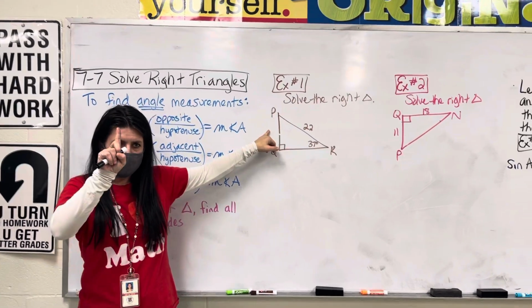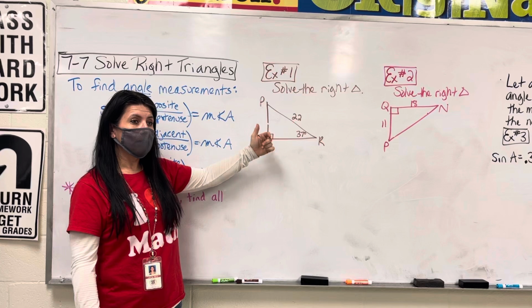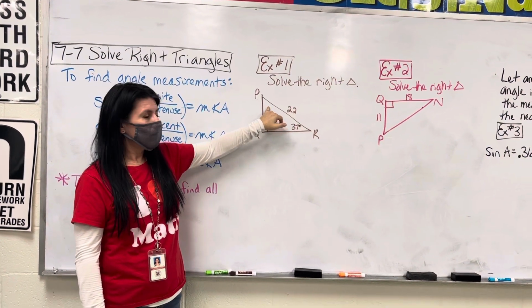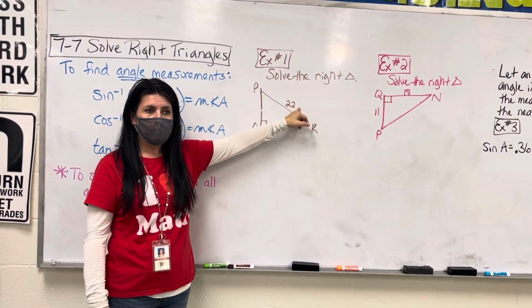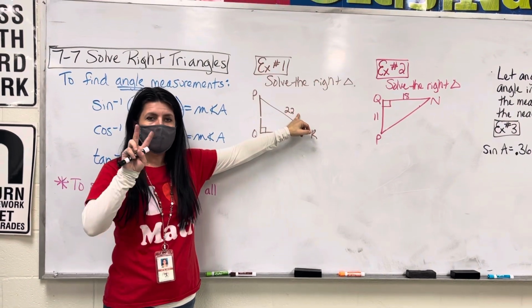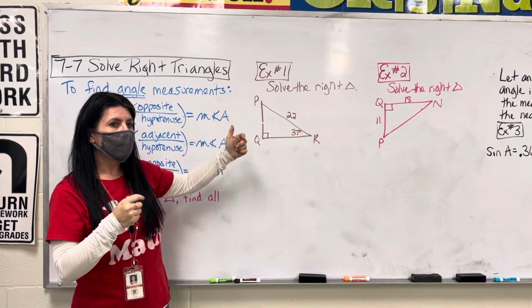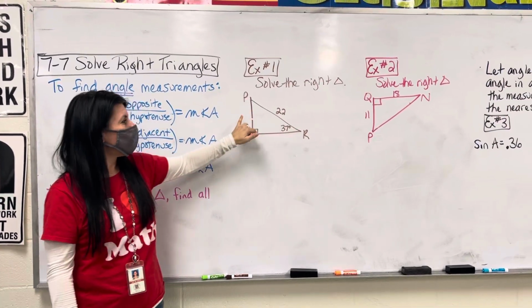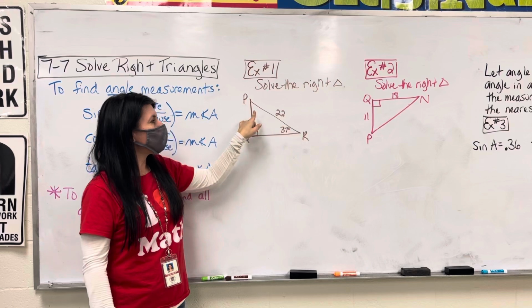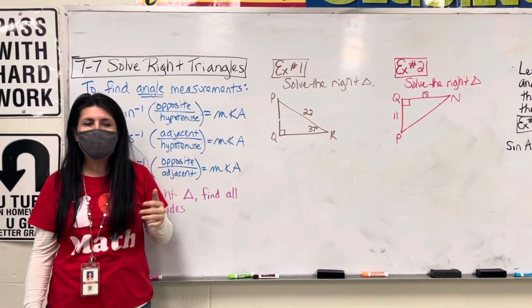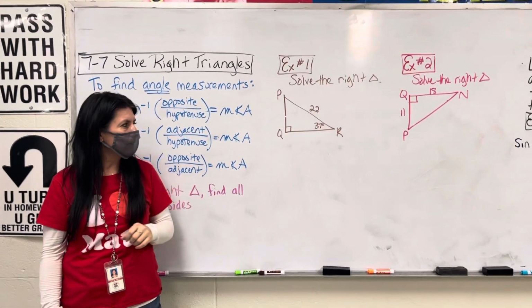You can only have one unknown. What if we do sine? The sine of this angle is opposite over hypotenuse. Can't do that either. We have two unknowns. Following me? What if I did cosine? Cosine of this angle, adjacent over hypotenuse. We still have two unknowns. So that's not a good starting point if we're sticking with our trig ideas.